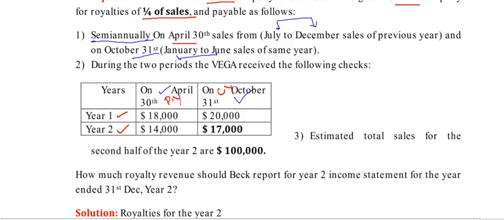Third point: estimated total sales for the second half of year 2 is 100,000.